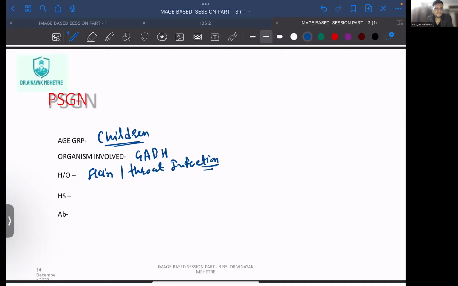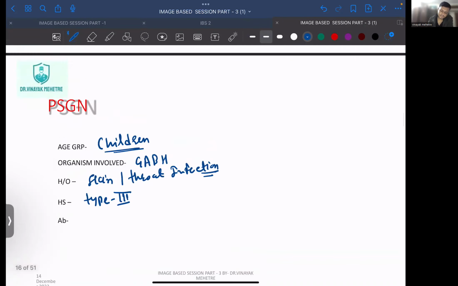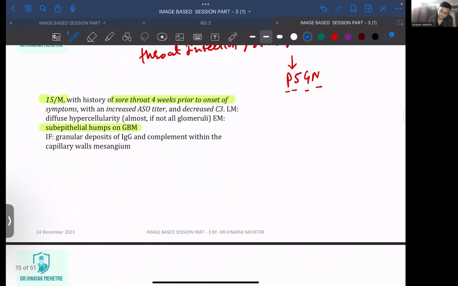Which hypersensitivity is it? Yes, it is type 3 hypersensitivity. Okay, no, it is type 3. Antibody associated, we have seen one over here, right?